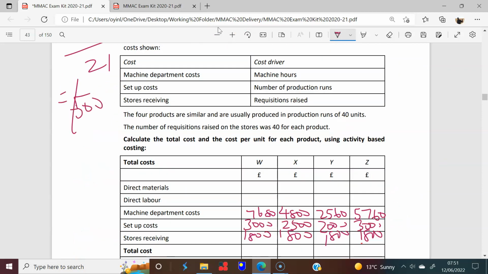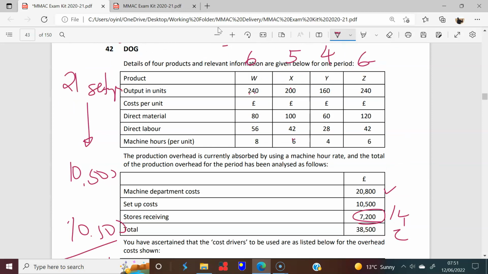So I'm almost done. So in terms of the total cost, here this is the direct material cost per unit of 80.